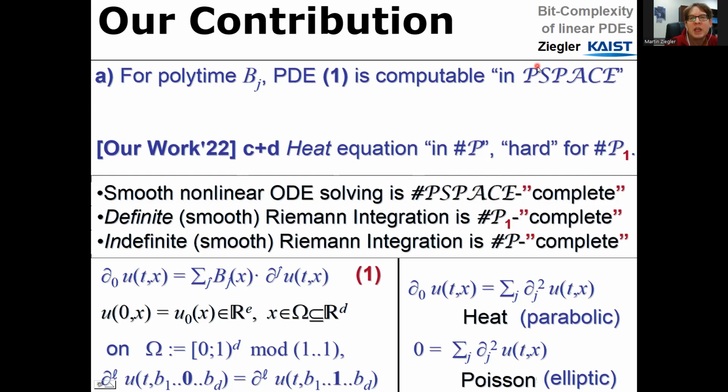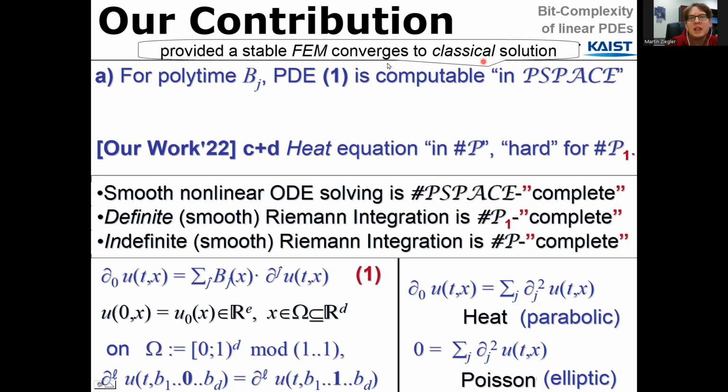But it turns out in the end, it does result in P space only, provided we have some technical hypothesis, namely that the PDE admits a so-called stable finite element method, a difference scheme that converges to a classical solution. That's our technical convergence hypothesis.